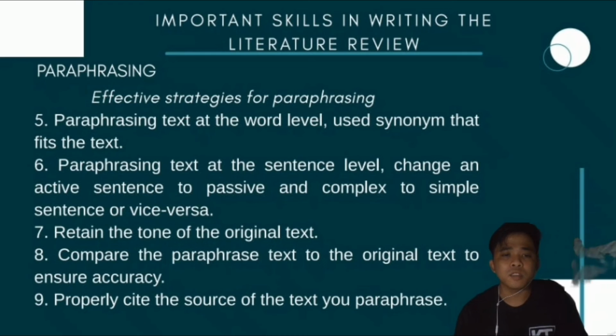And then ninth is to properly cite the source of the text you paraphrase. So still the important thing is that when you have gathered different information or data from different resources, you must cite them properly to avoid plagiarism and to make it more convenient to find the said topic or source.